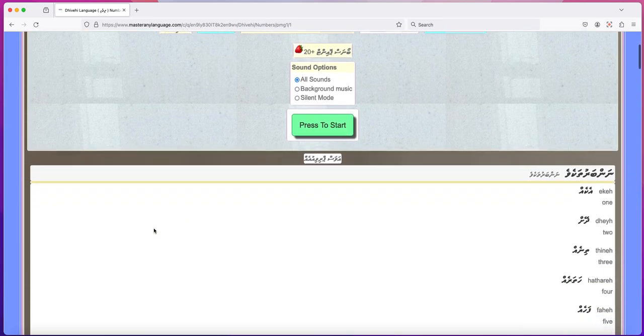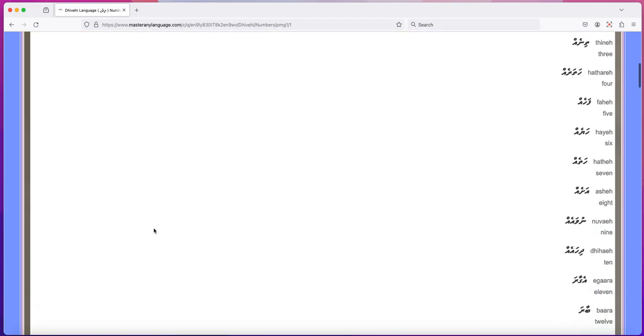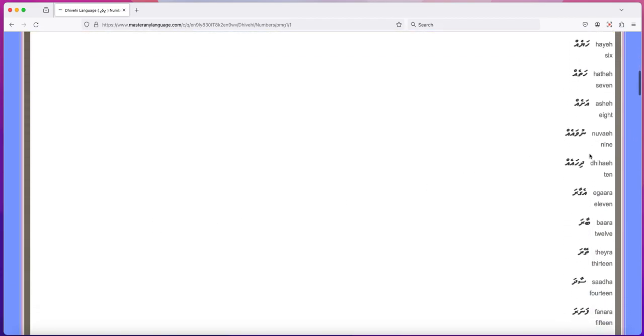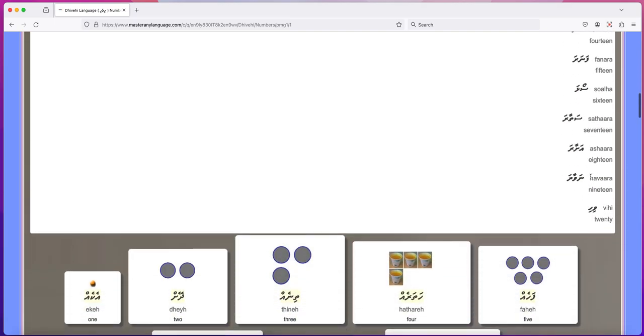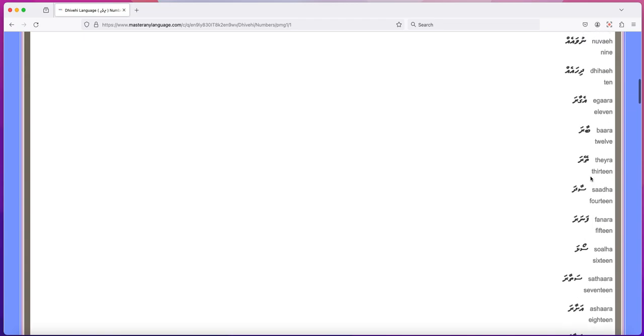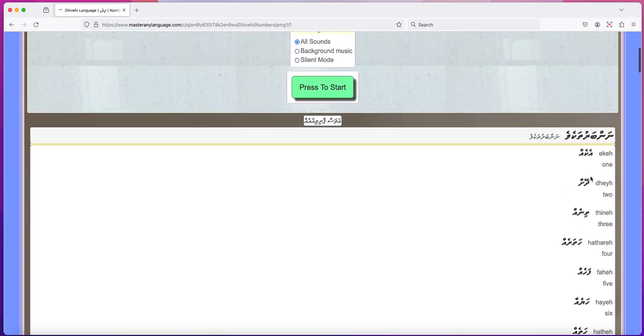All right, so here is a list of the numbers you can see over here in the Dhivehi language. Looks like 1 through 20. And at this point, before I start, I'm going to say a couple things.